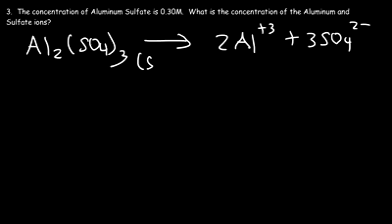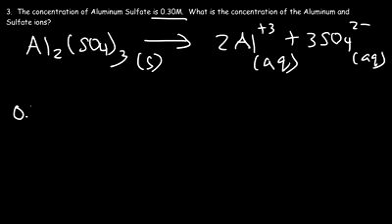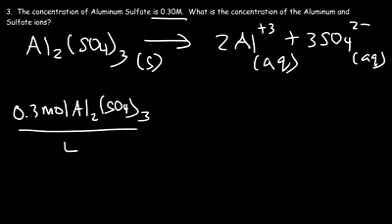So you could say this is the solid phase, and on the right, the aqueous phase. So I'm going to represent this as 0.3 moles of aluminum sulfate per liter, because that's what it is. Molarity is moles per liter.